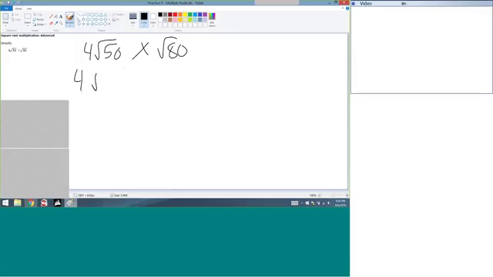So we'll just carry the 4. Now the biggest square that can divide into 50 is going to be 25, and that's times 2 to make 50. And the largest that can go into 80 is going to be 16, and then times 5 to be 80.